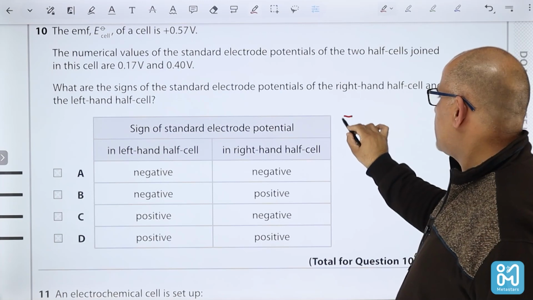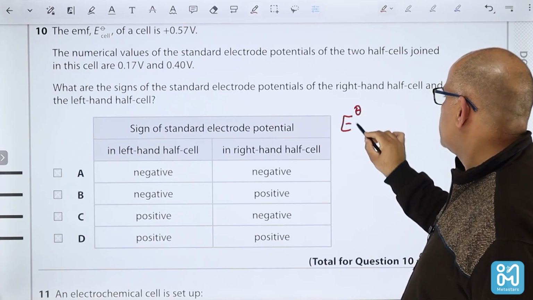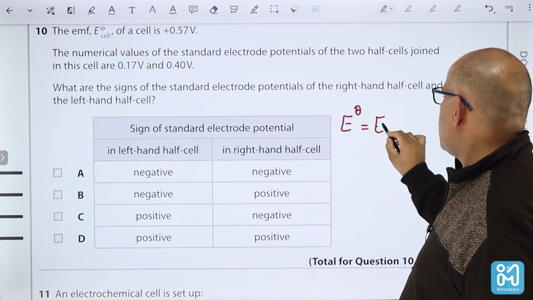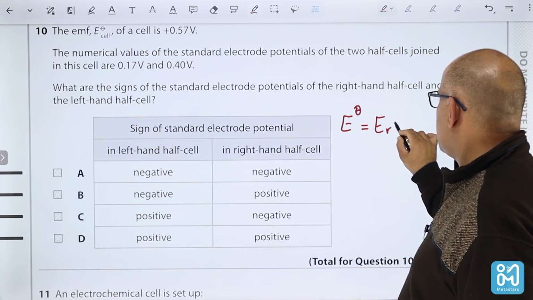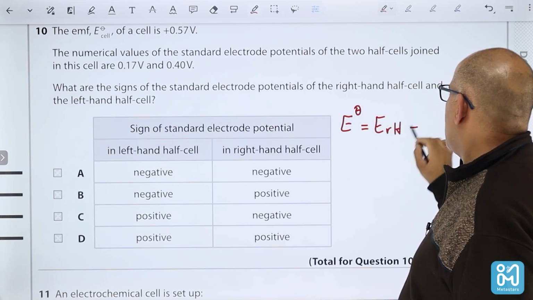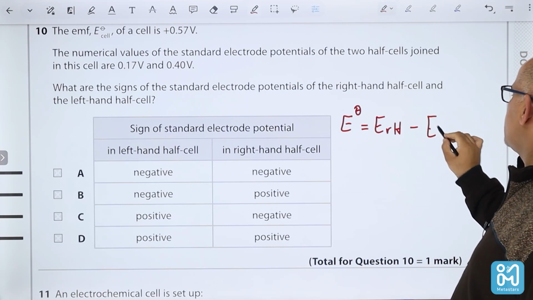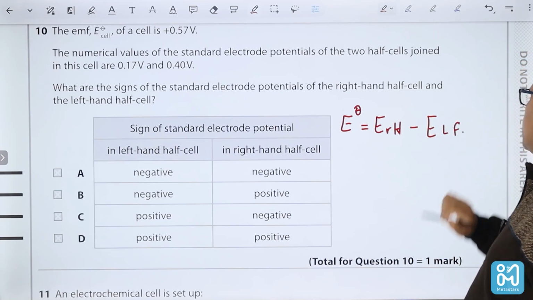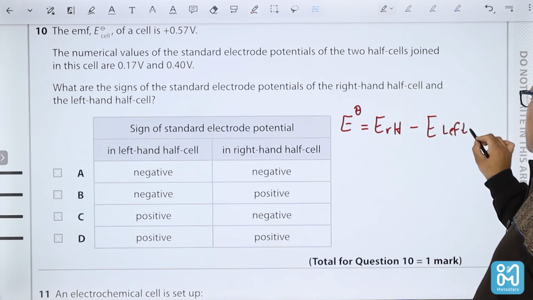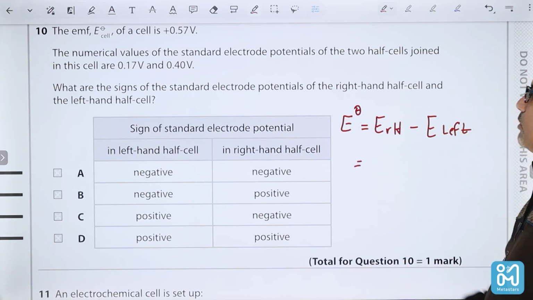To calculate the E naught, we use this equation: E naught is E of the right hand minus E of the left hand one. So to get the sign, it will be positive.